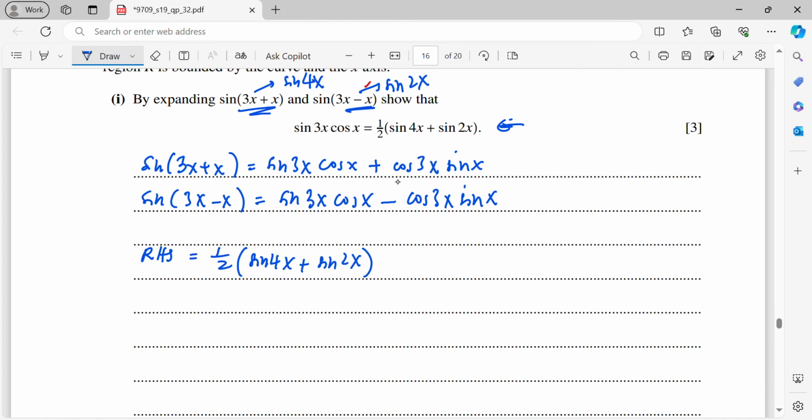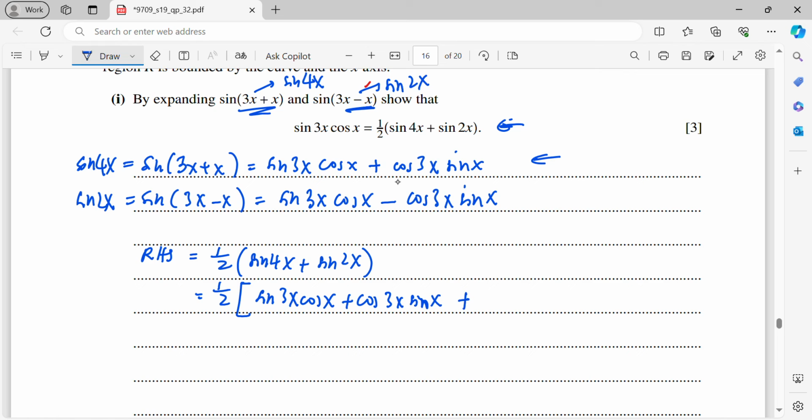So now I will say this is my sine 4x, then here is my sine 2x. So now I will just rewrite. So that is sine 3x cos x, just replace, plus cos 3x sine x.